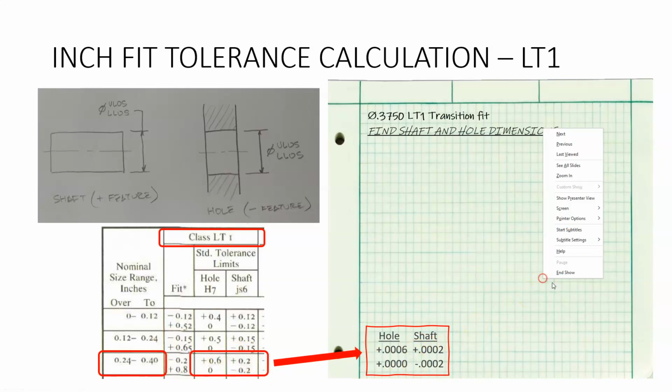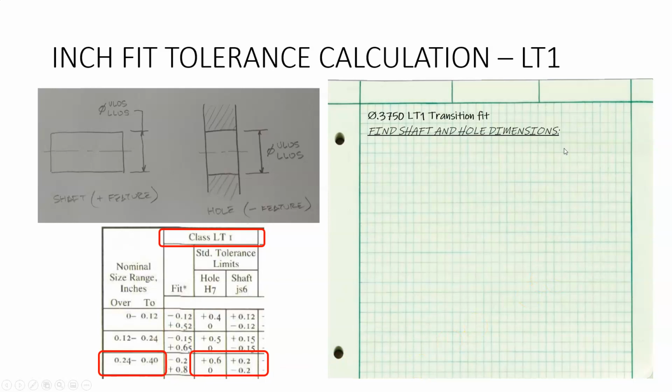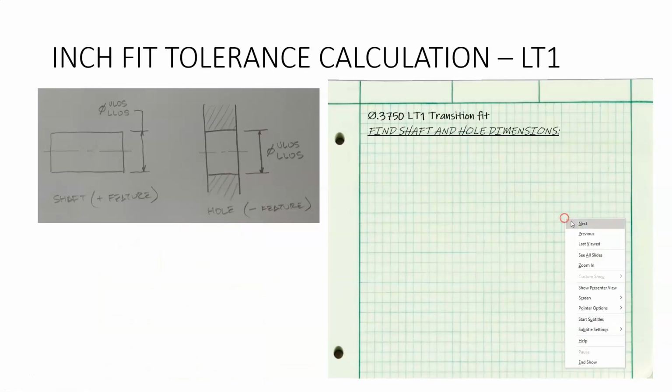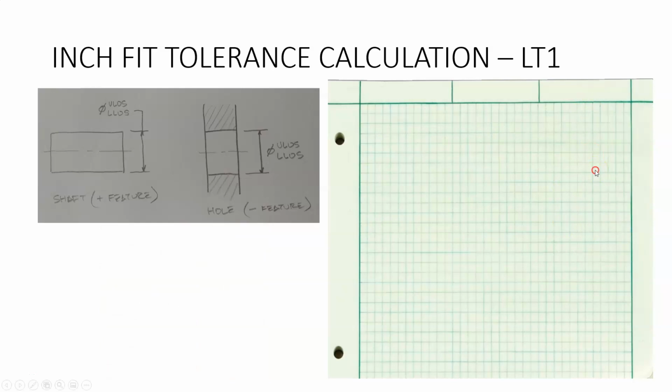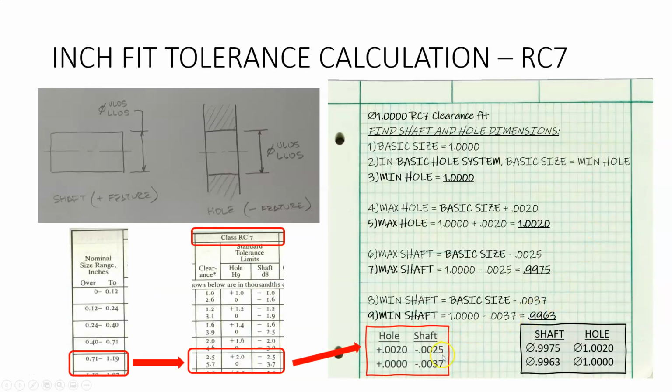In the other ones, if we go back real quick, we have minuses on the shaft side. Why? Well, because in all these cases, the clearance fit, the shaft is always smaller than the hole.